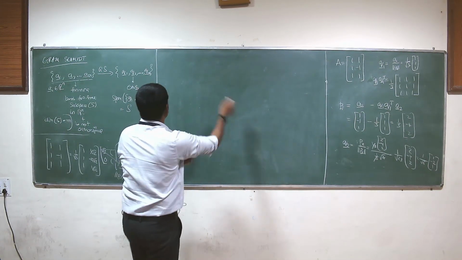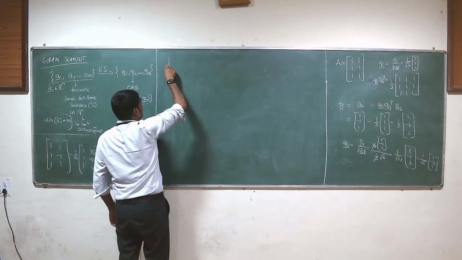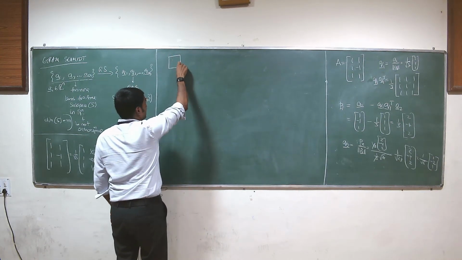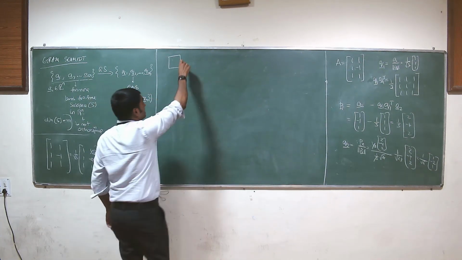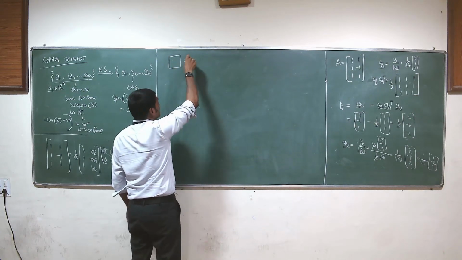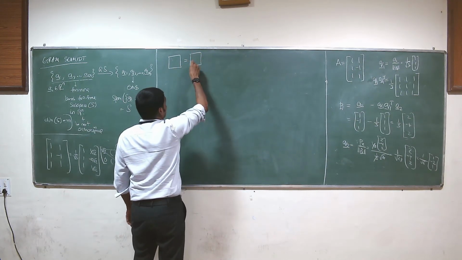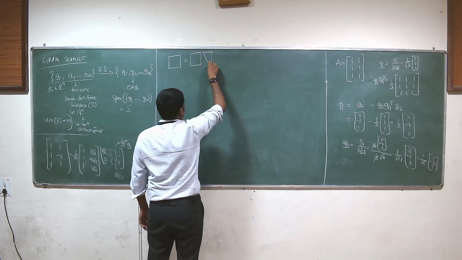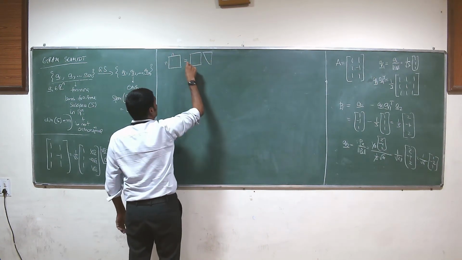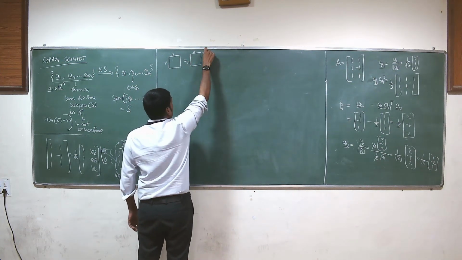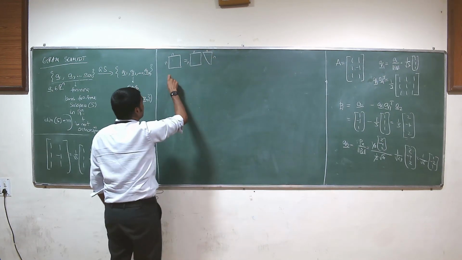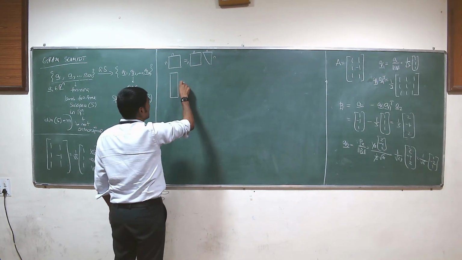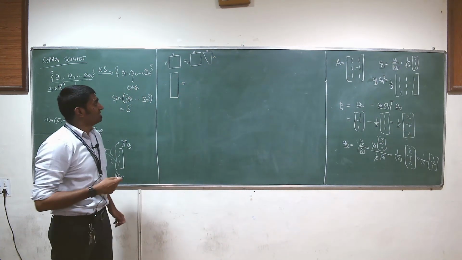Before we conclude, I'll just say a last few things. If you start with an A that's a square, full rank matrix, then you get an orthogonal matrix multiplied by this. If this is n, this will be n, this will be n. If you start with this, then what will you get?